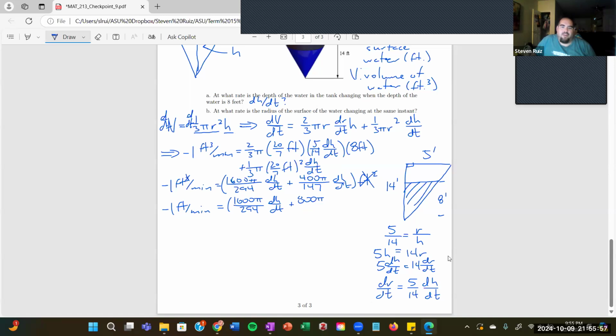Oh, new denominator. Okay, so now what I have is this. -1 feet per minute equals 2400 pi over 294 dh/dt.